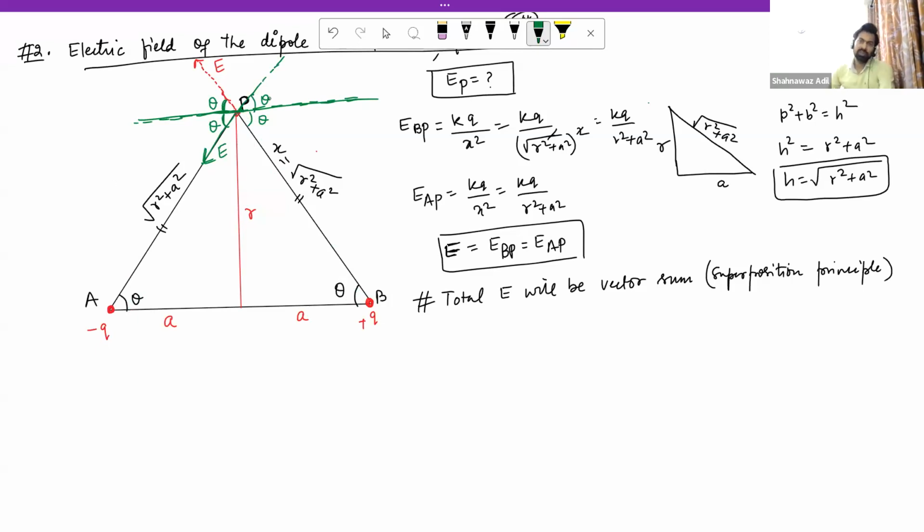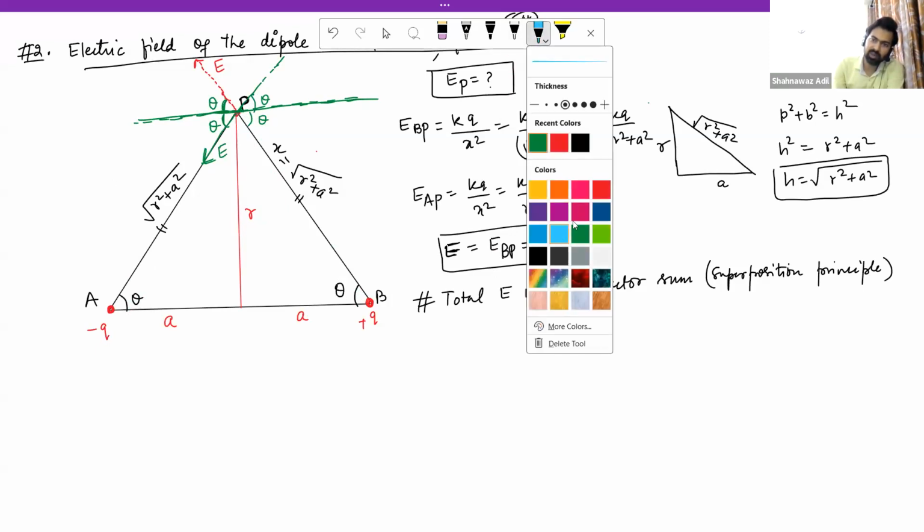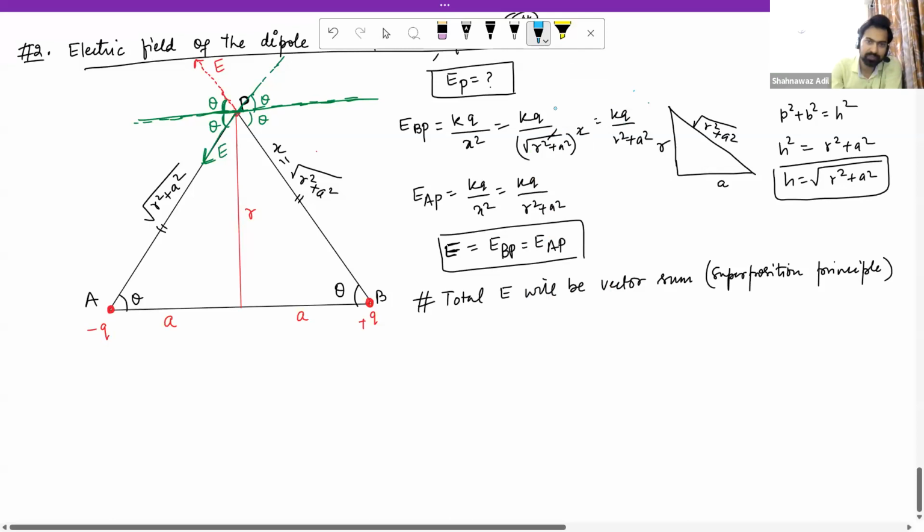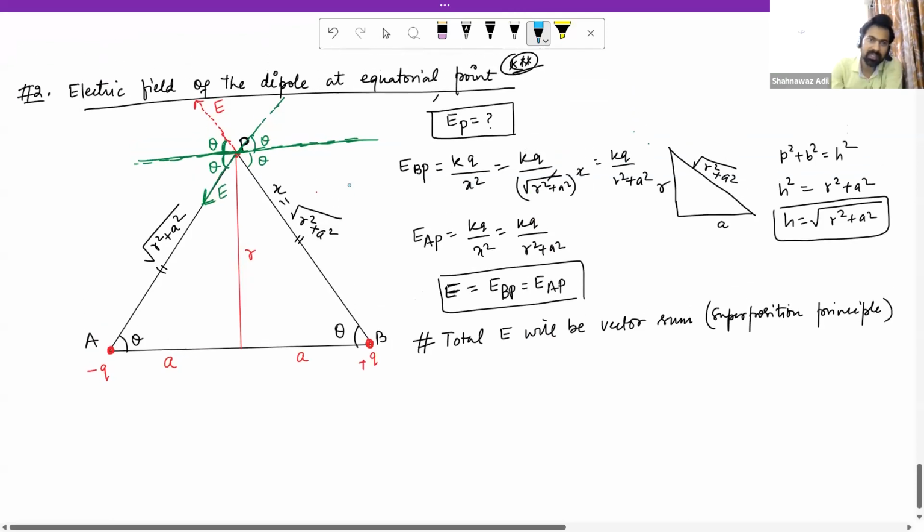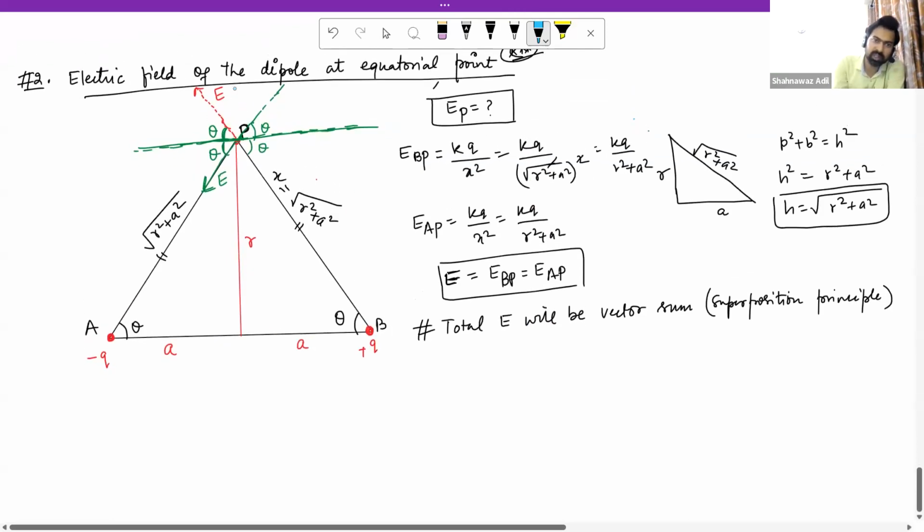Yes, sir. So now we will draw a vertical. We will draw a vertical in here, and then we will write it in components. So this is the vertical, and this is the vertical. You see that this electric field, this upper one, will have two components. One would be this one.